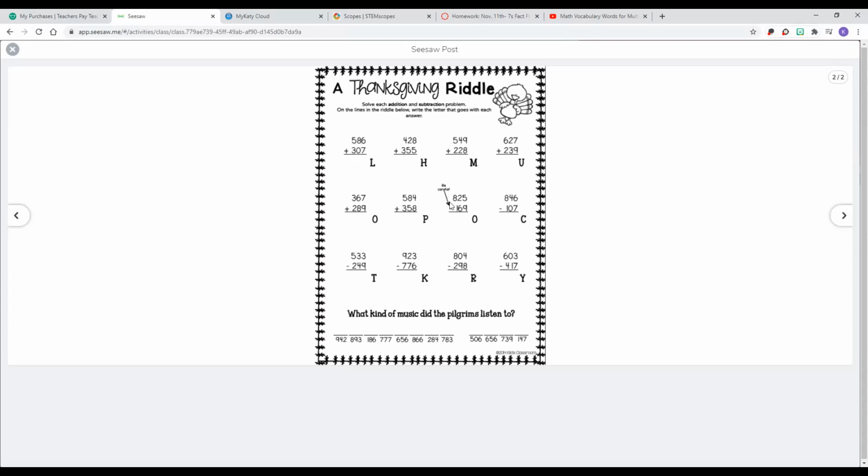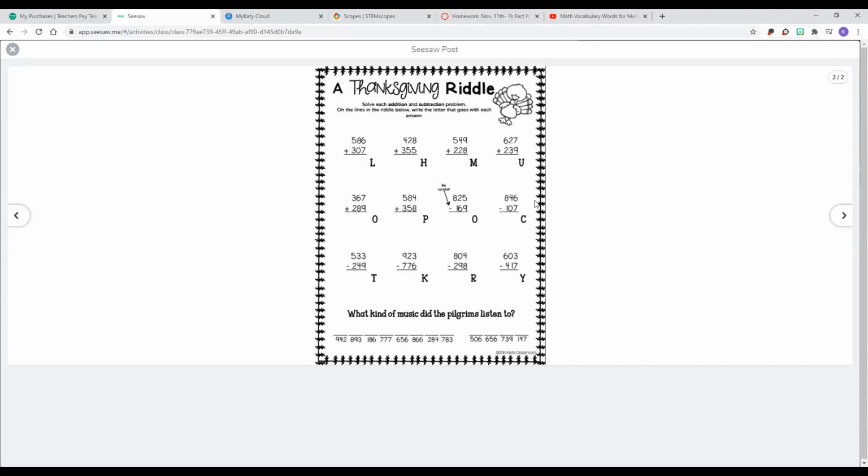Then I have a little Thanksgiving riddle for you. You have to do some addition and subtraction to help you figure out the riddle. You're answering the riddle: What kind of music did the Pilgrims listen to? So you're doing some addition up top and then some subtraction on the bottom. Why are there letters?